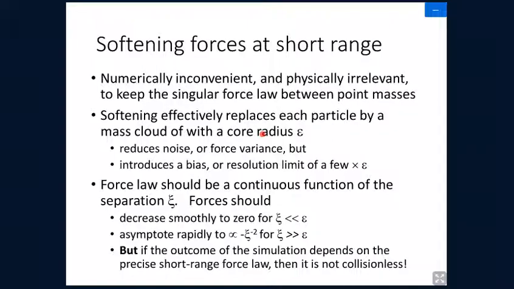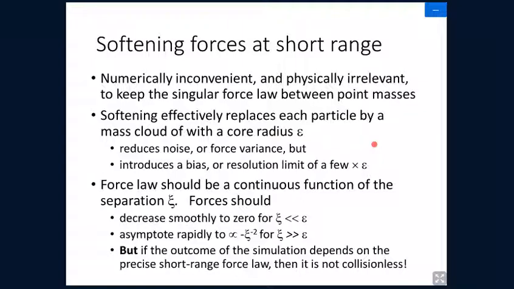That's true if you have enough particles. And it's also numerically very inconvenient to have large, very strong forces at short range. So the right thing to do is to replace each particle by a mass cloud.